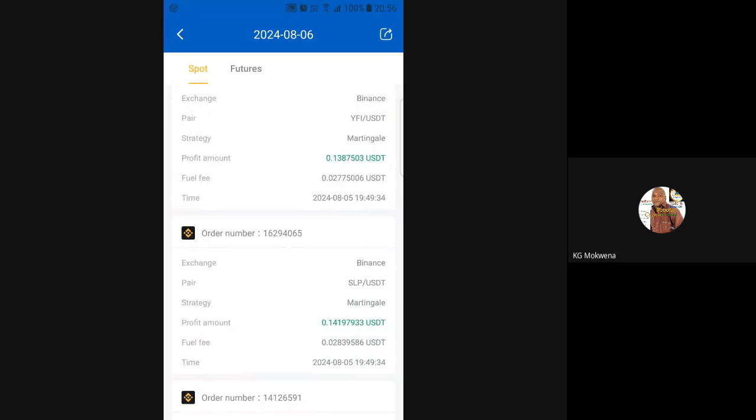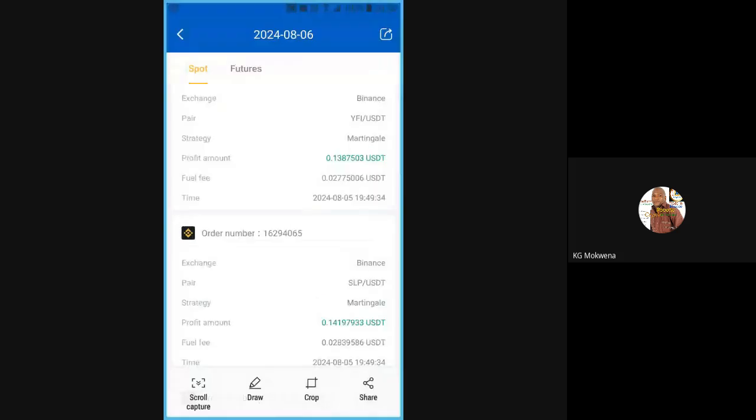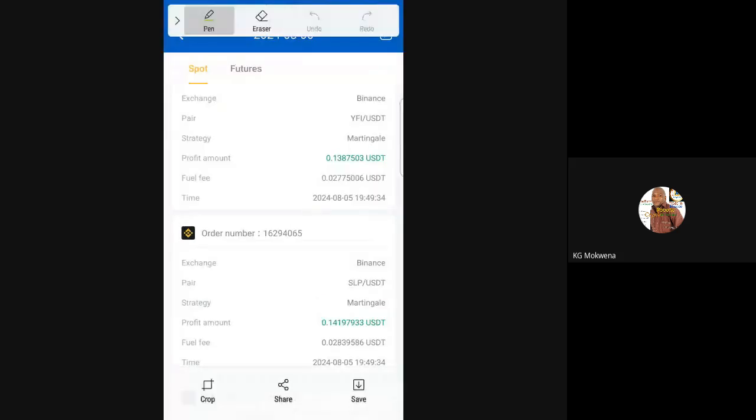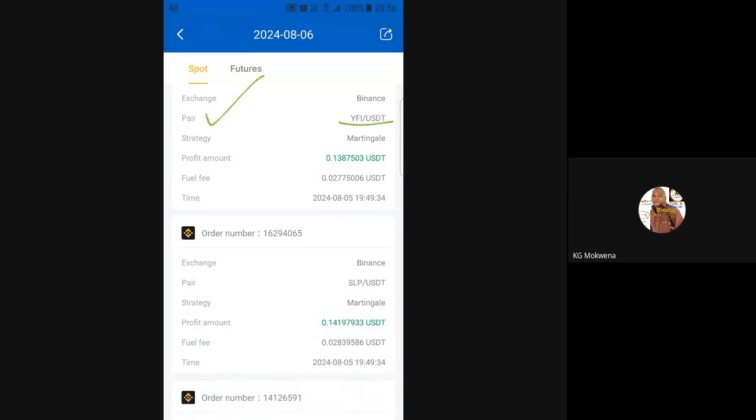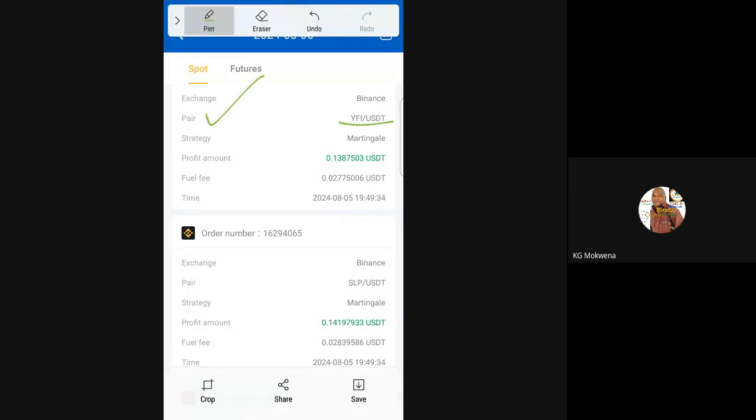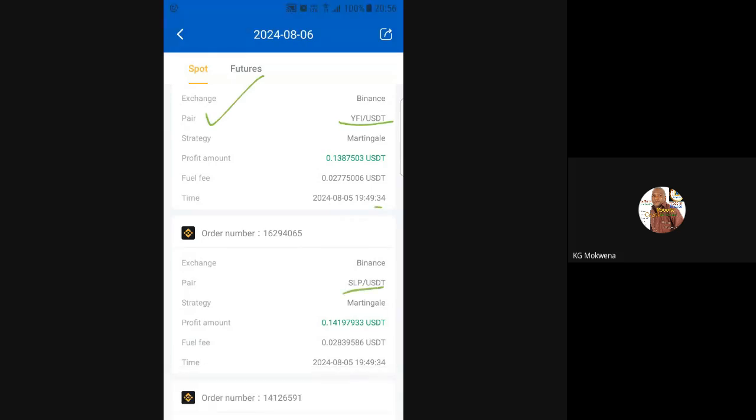It's for the 6th. We want information for the 5th, but I will show you on the side of the 5th. Look at this. This was for this pair, YFI, and then also SLP. If you check, this asset took profit at the same time. Two different assets traded at the same time. Can you see that?